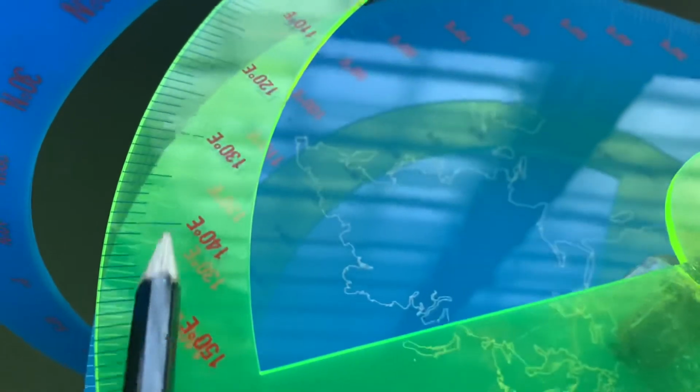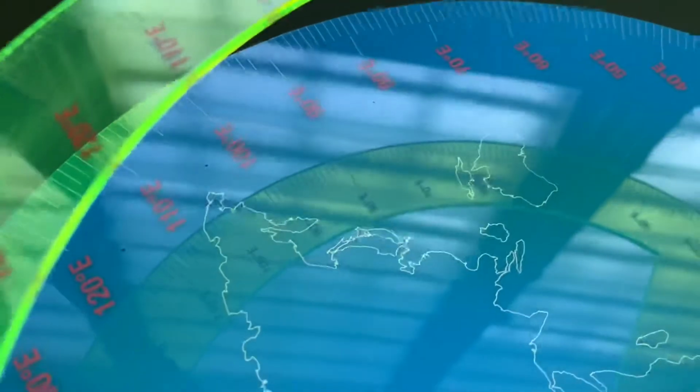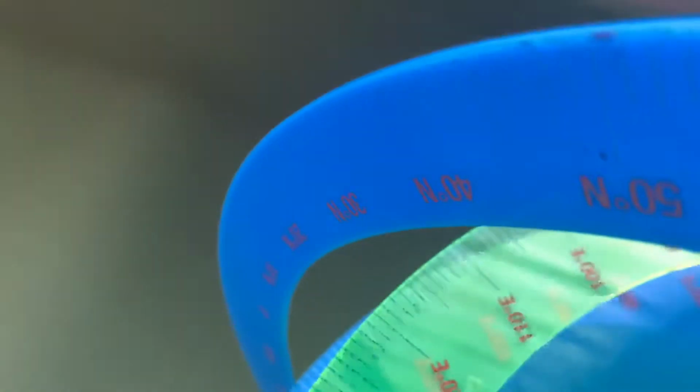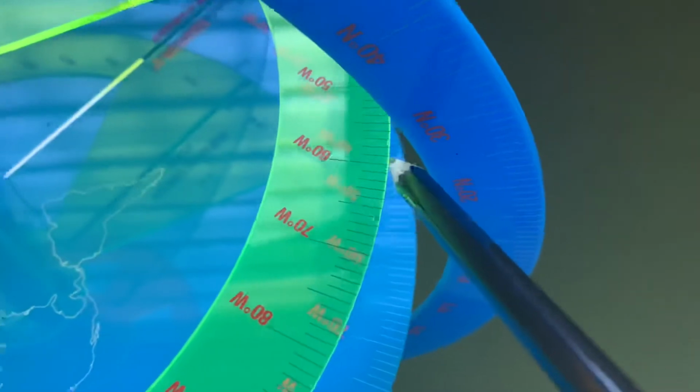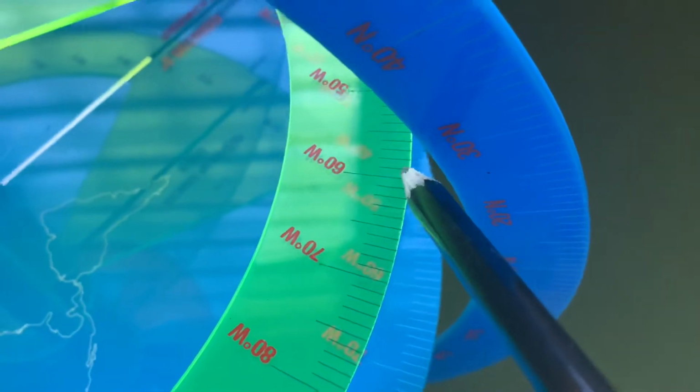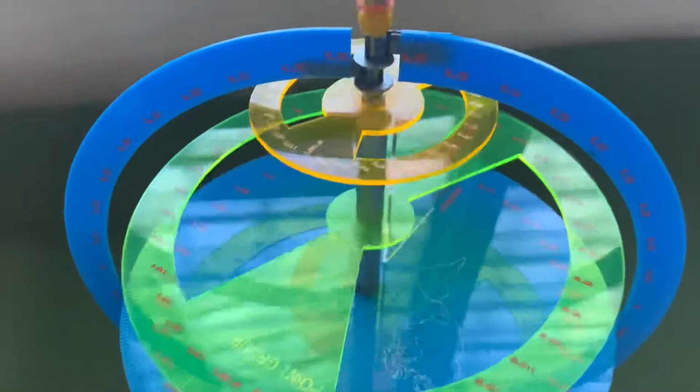It's here, 120 east. So this one will be 60 west, right?